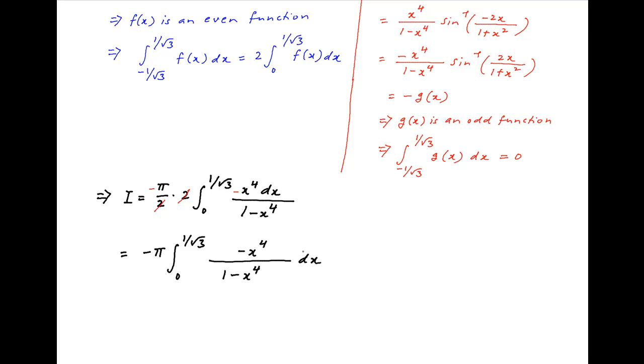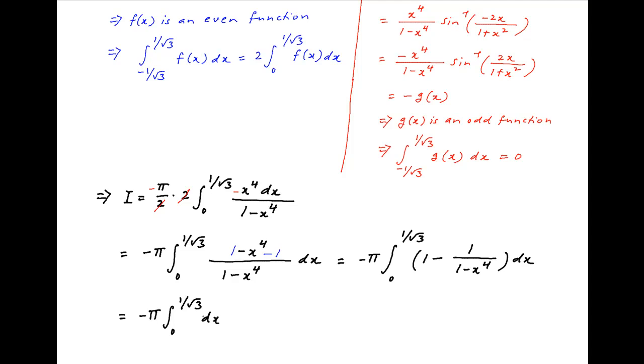Now in the numerator, add and subtract 1, and therefore this can be written as minus pi times integral 0 to 1 upon root 3, and the integrand is 1 minus 1 upon 1 minus x raised to the power 4 dx. This breaks into two components. The first component is minus pi times integral 0 to 1 upon root 3 dx, and the second component is plus pi times integral 0 to 1 upon root 3 dx upon 1 minus x raised to the power 4.